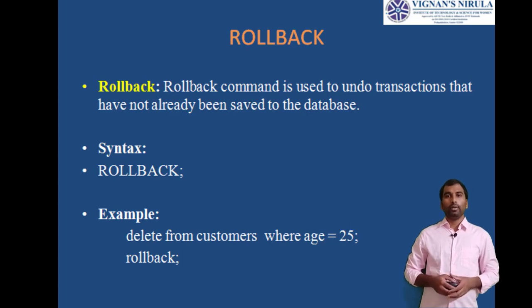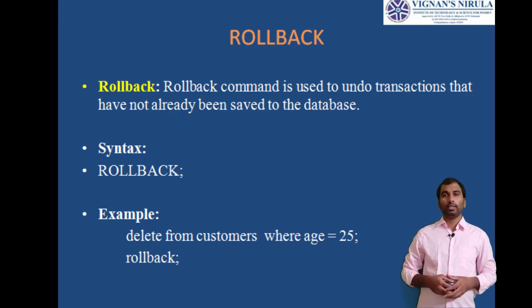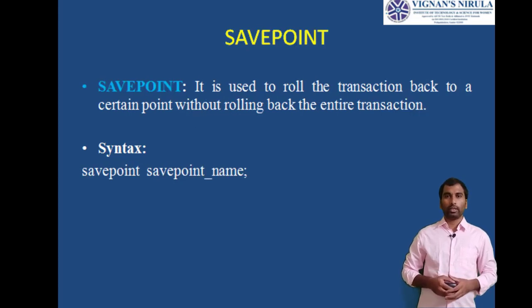If you have used the update command to make some changes into the database and realize that those changes are not required, then we can use the rollback command to roll back those changes if they are not committed using the commit command. A save point command is used to temporarily save a transaction so that you can roll back to that point whenever required. So this is the syntax of a save point.